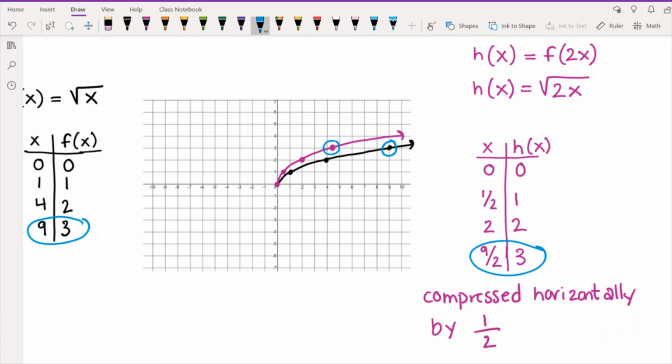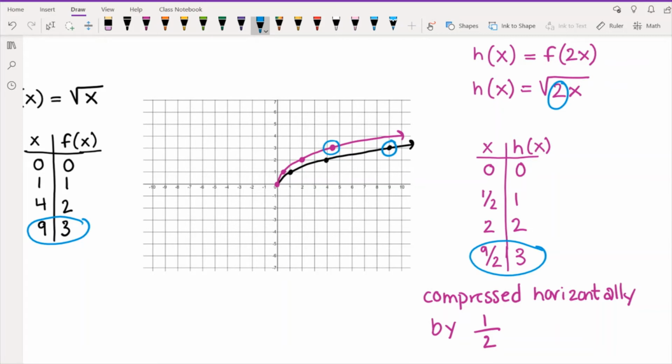And so why is that? It's because you're multiplying by 2 inside the function. So that extra factor of 2 is allowing you to plug in smaller x values in order to achieve the same y value. And so that has the effect of compressing the graph horizontally because you're plugging in smaller x values and getting the same y value. And so basically the x coordinates are sliding inward while the y coordinates are staying the same.